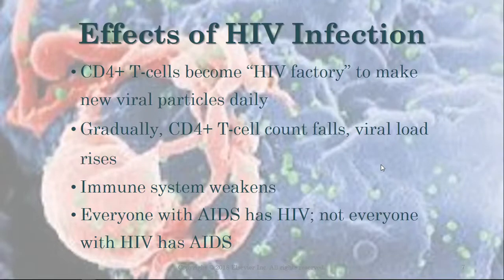So the effects of an HIV infection, again, just to repeat for retention, your CD4 T cells become an HIV factory. So they make new viral particles daily. And then gradually your CD4 T cell count decreases. And then your viral load count rises because they're taking over.